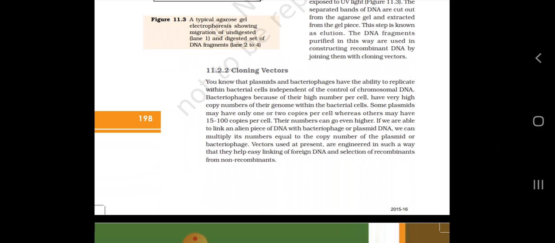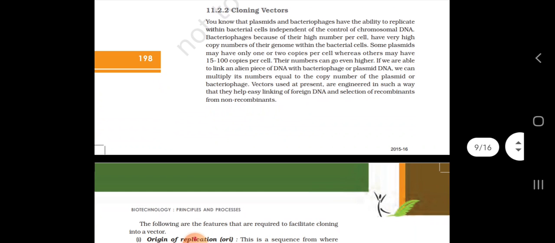Moving on to the next step of biotechnology, these are cloning vectors. Now, cloning vectors is a broad topic to discuss. First we need to know what vectors actually are. Vectors are the DNA molecules which carry a foreign DNA segment into the host cell.